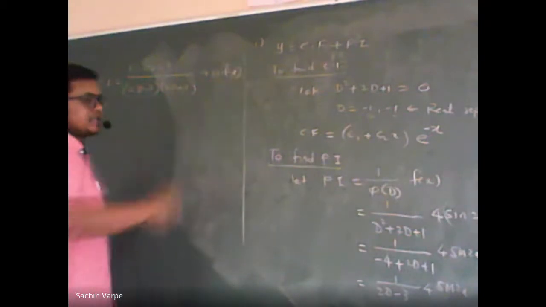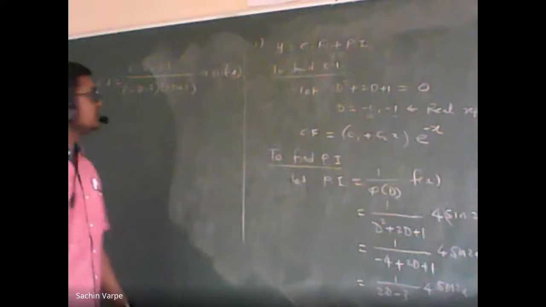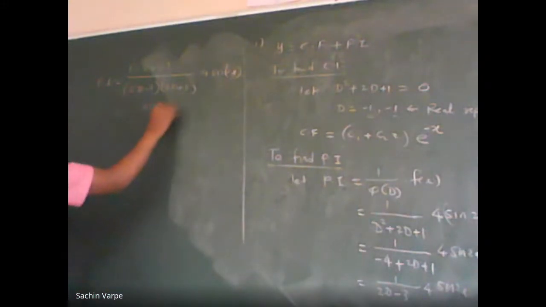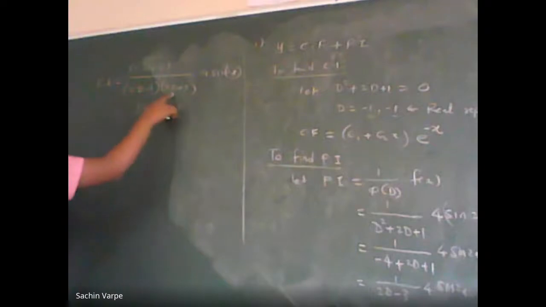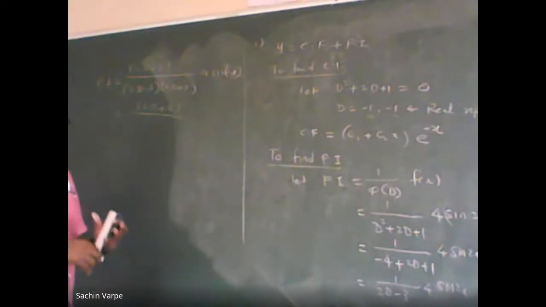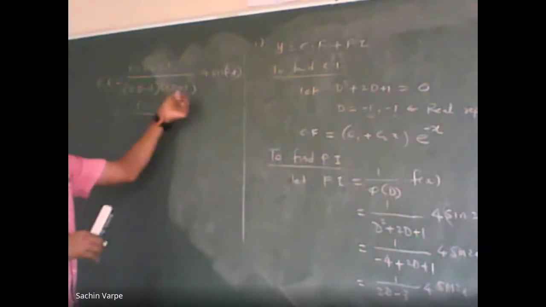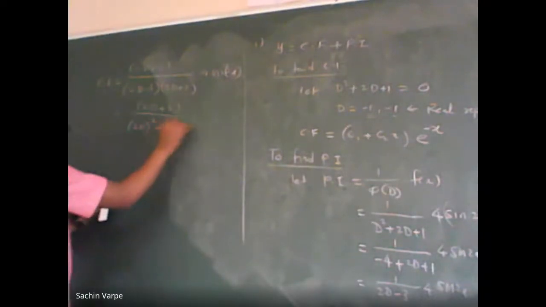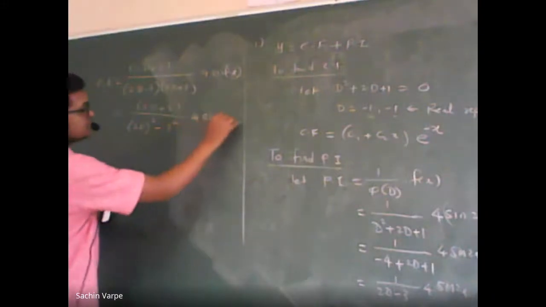So this will be 2D plus 3 upon a minus b into a plus b. We have the standard formula for a minus b into a plus b, that is a square minus b square. That is 2D square minus 3 square, into 4 sine of 2x.